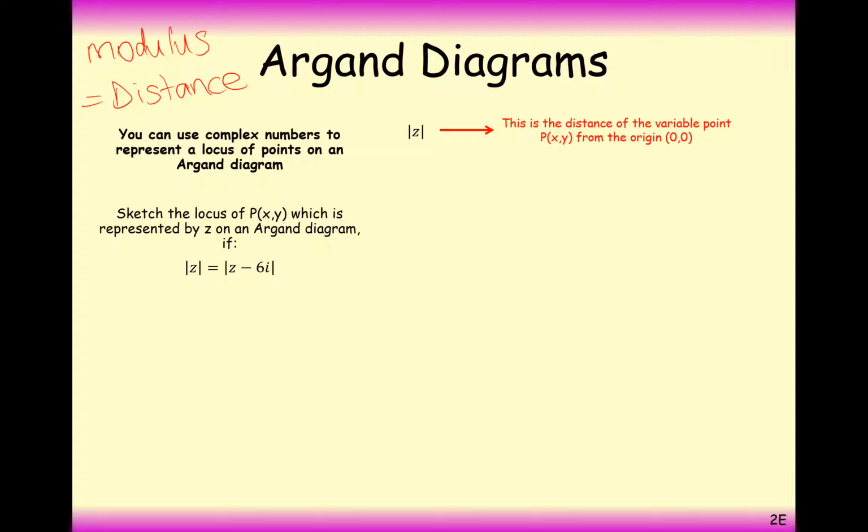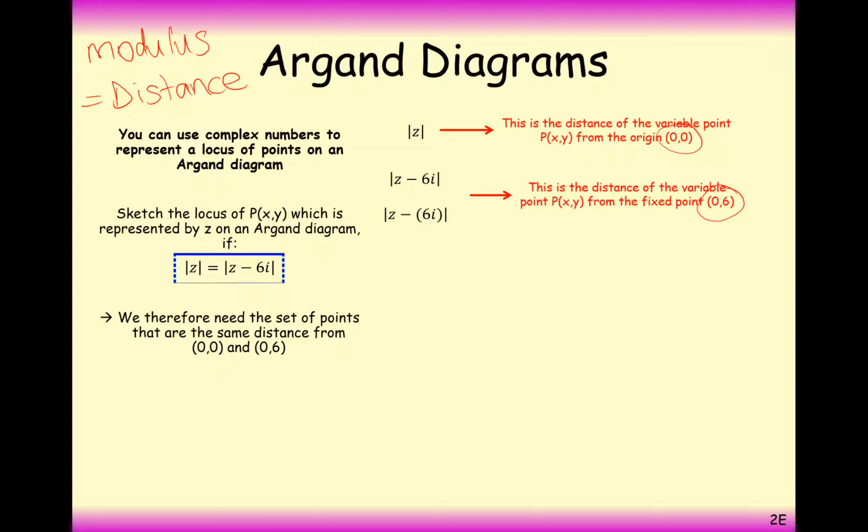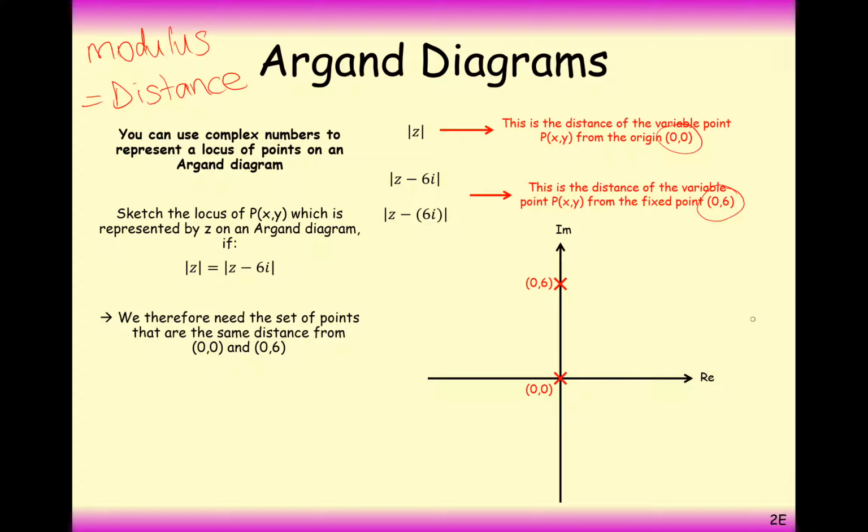Okay, so the modulus of z represents the distance of a complex number point from the 0, 0 origin. Z minus 6i considers the distance of the complex number from a fixed point of 0, 6, and the distances between these two coordinates effectively must be equal to each other. So what we effectively have got here is the point 0, 0, the point 0, 6, and then a perpendicular bisector that will cross through both of the points here at an equal distance.